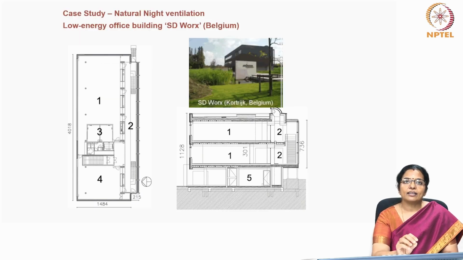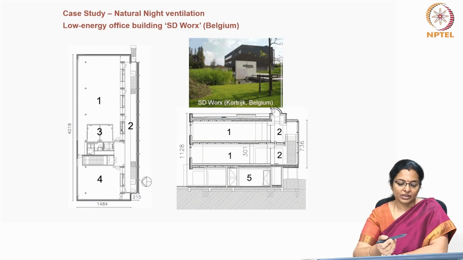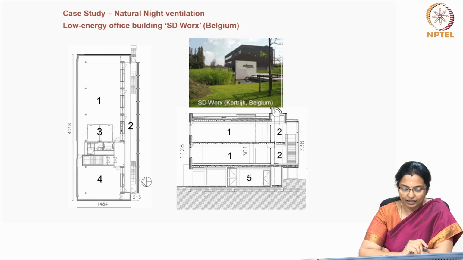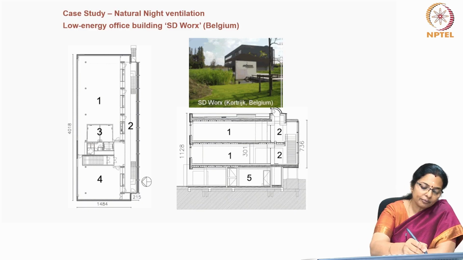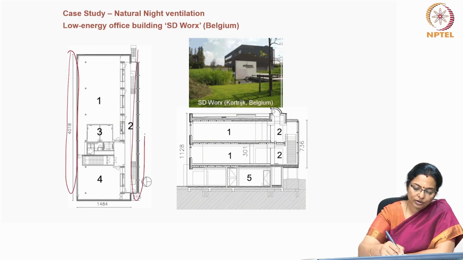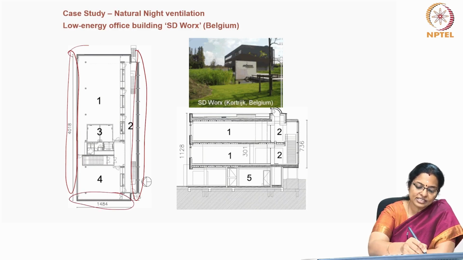We will look at a low energy office building called SD Works. SD Works is a simple rectangular building with longer surfaces along the north and south. The east and west have shorter surfaces.